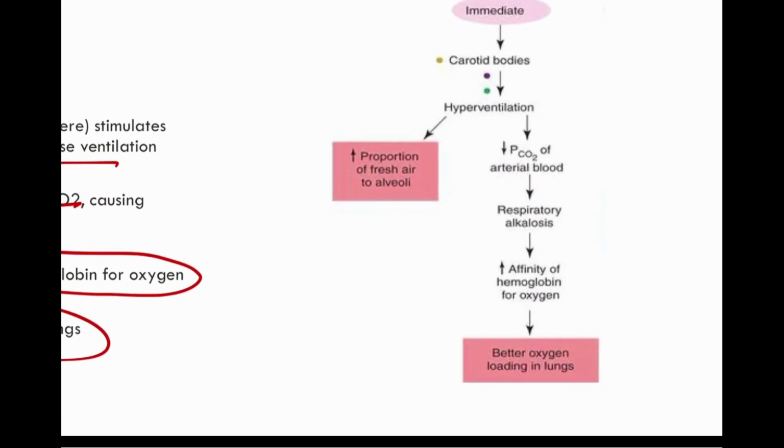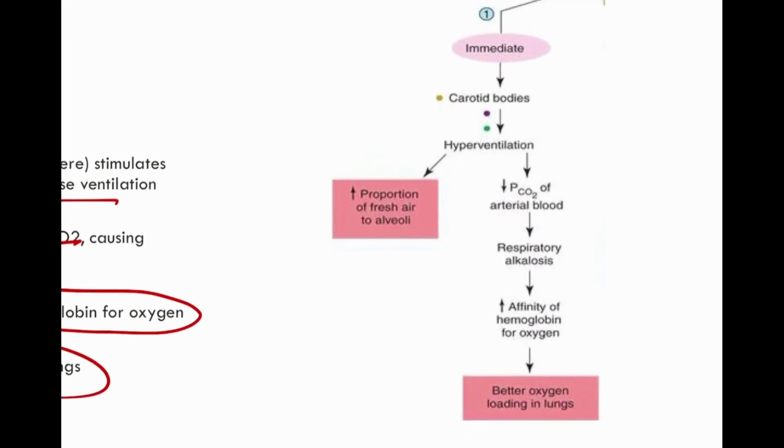So this is a graphical way of doing it. Carotid bodies sense the O2, changes our breathing, so we hyperventilate. That will increase the proportion of fresh air to the alveoli, so we're getting more air coming into the alveoli for exchange. The PCO2 of the arterial blood is going to drop because we're hyperventilating.